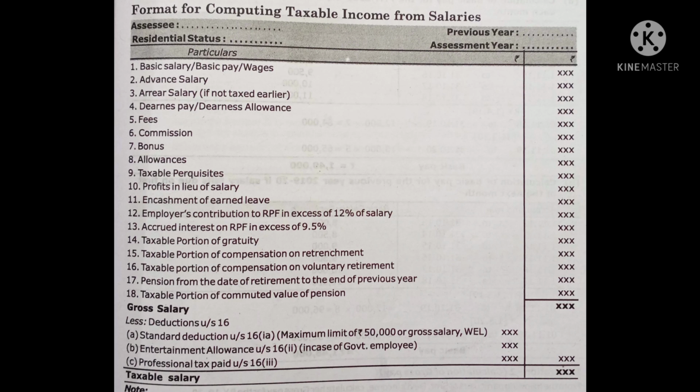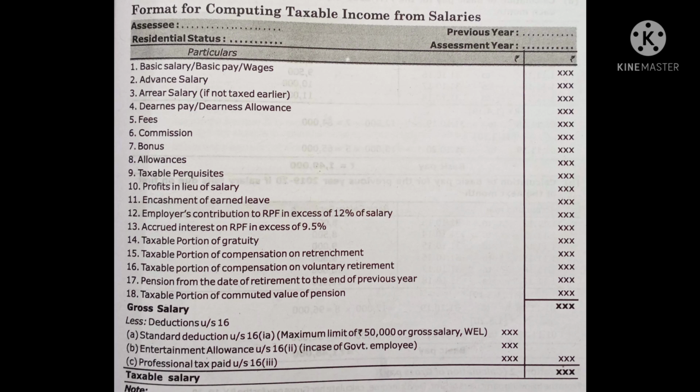Then the third one, professional tax paid under section 16 subsection 3. The professional tax will already have been deducted from the employee's salary by the employer, so that will be deducted. Further, if you deduct all the 3, you get the taxable salary.